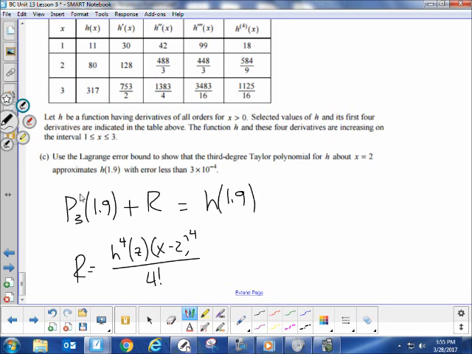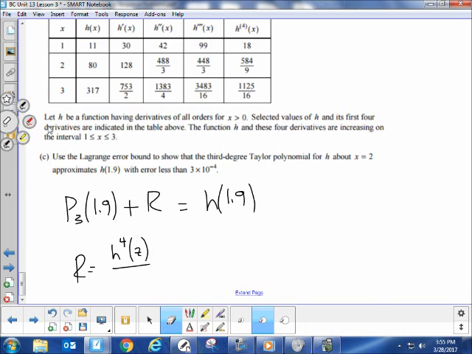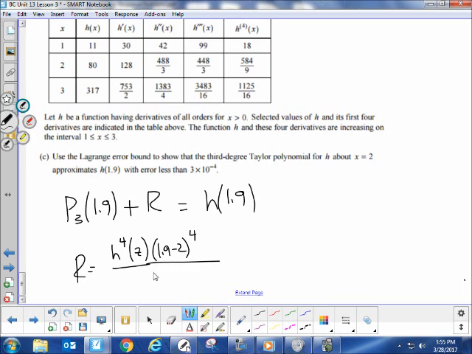And I'm going to approximate 1.9. So my remainder is going to be 1.9 minus 2 to the fourth over 4 factorial.